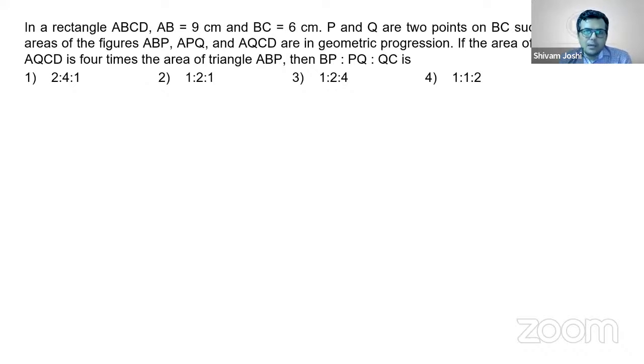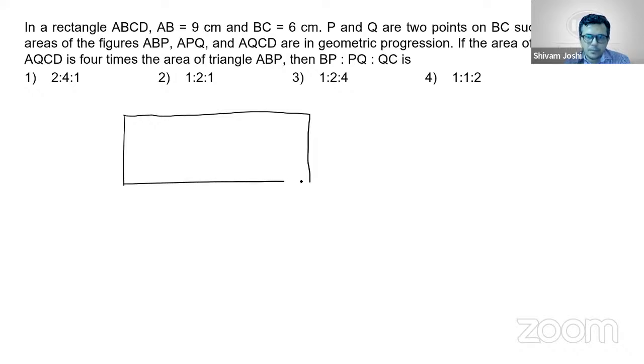In a rectangle ABCD, AB is 9. BC is 6. P and Q are the points on BC.